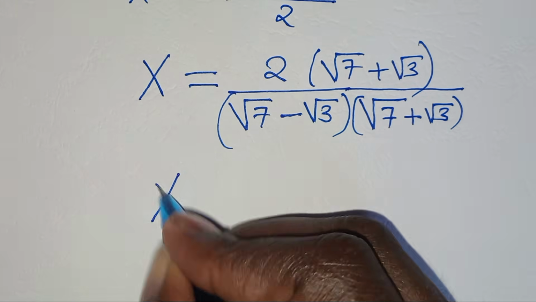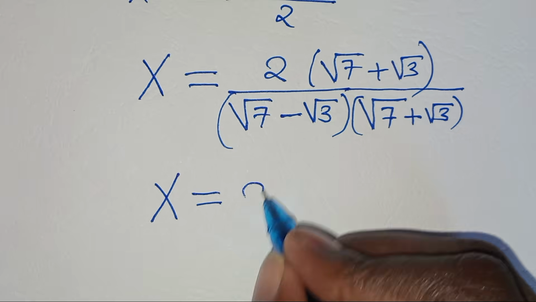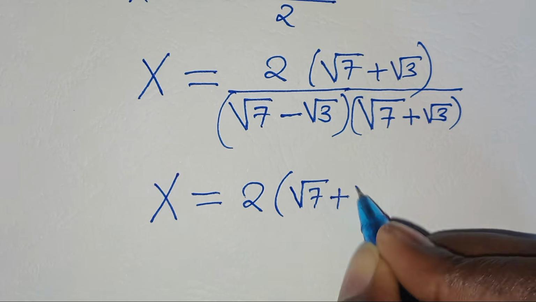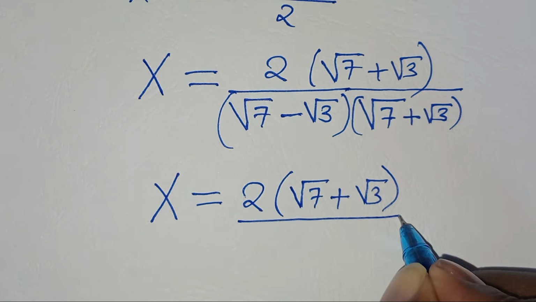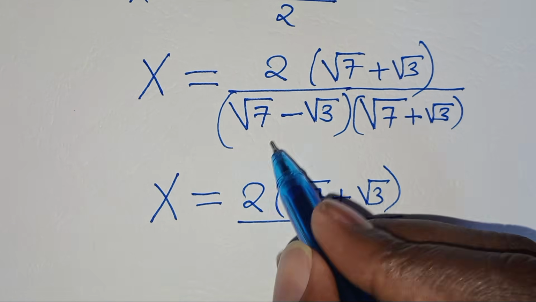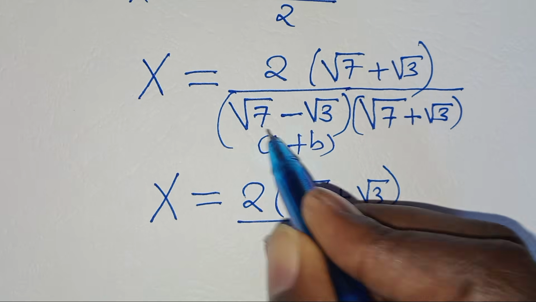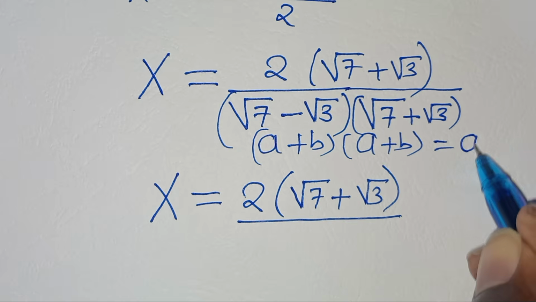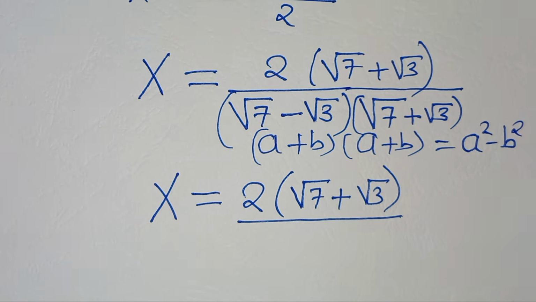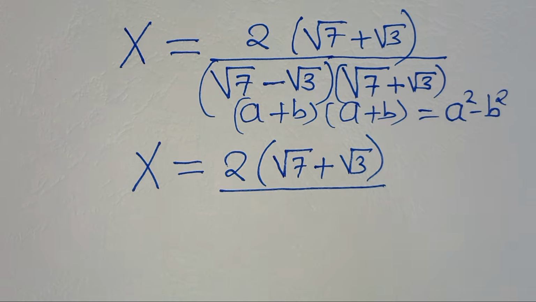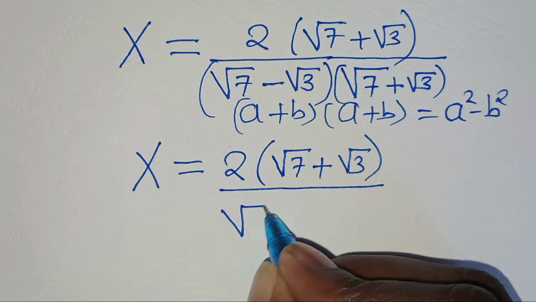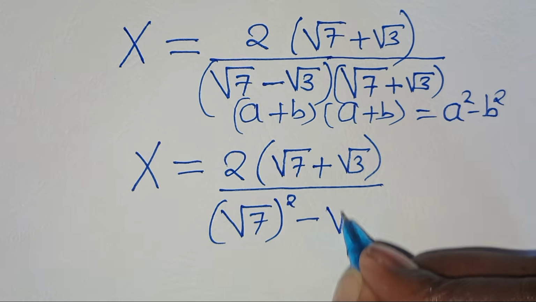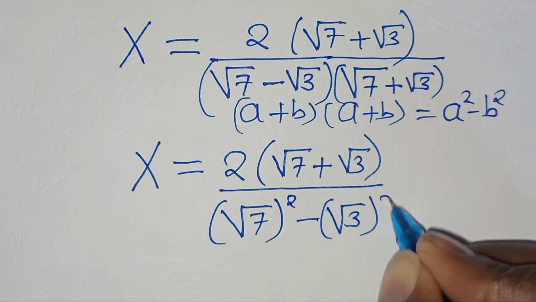So we have that x is equal to 2 into the parentheses, square root of 7 plus root 3, divided by, now remember this is in the form of a plus b multiplied by a plus b. Remember this is the difference of two perfect squares that we can express as a squared minus b squared. So in the denominator we have root 7 raised to the power of 2 minus root 3 raised to the power of 2.